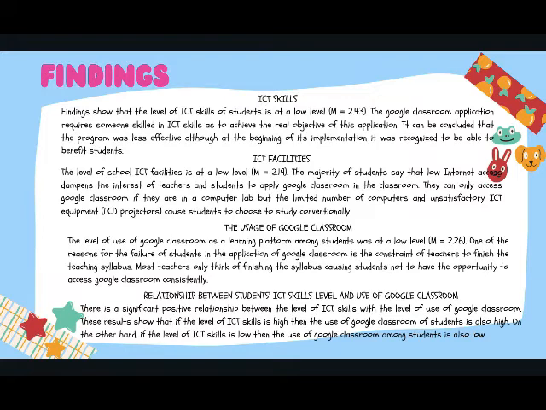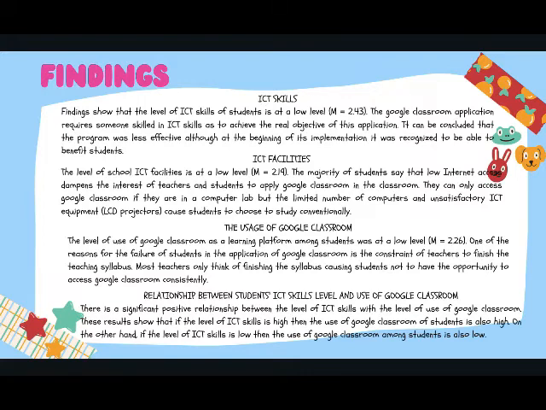They can only access Google Classroom if they are in a computer lab, but the limited number of computers and unsatisfactory ICT equipment, such as LCD projectors, cause students to choose to study conventionally.